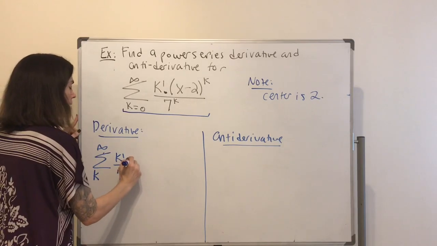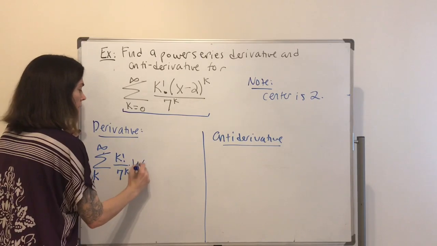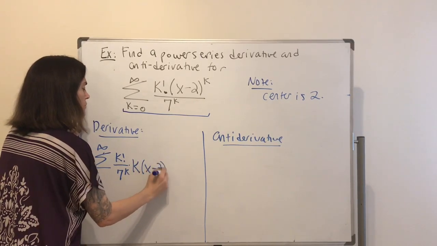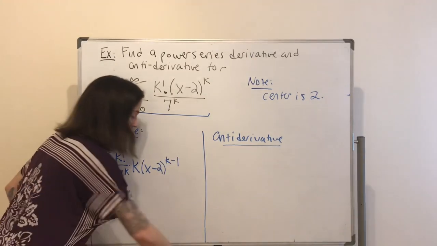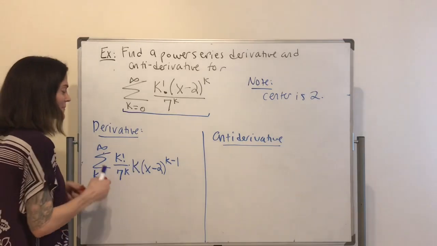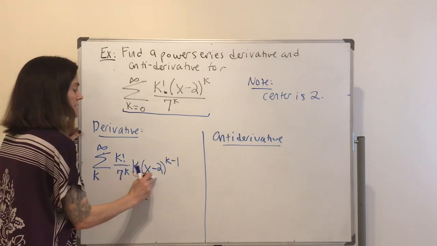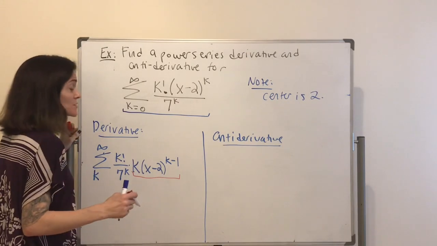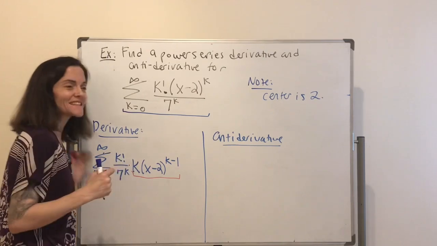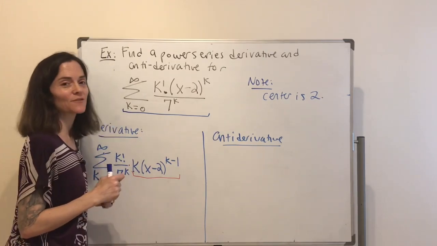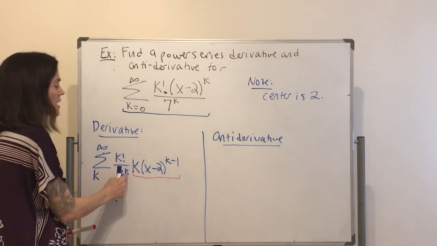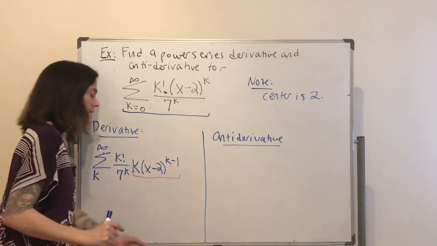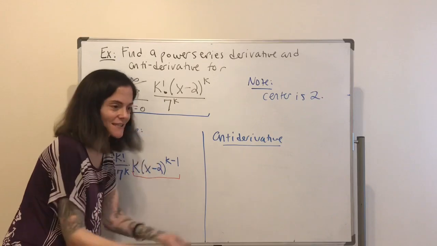So I bring down the power, x minus 2 to the power k minus 1. And this is all there is. So what I have differentiated is just this. This is the derivative of the kth term, and these are the coefficients that come along, just like you were differentiating a number times a power of x.